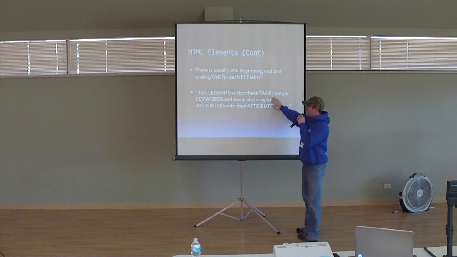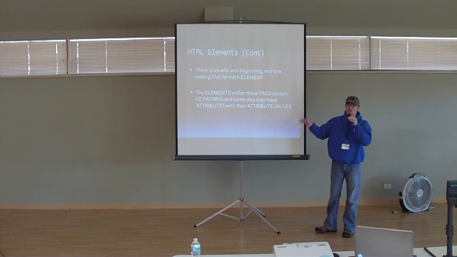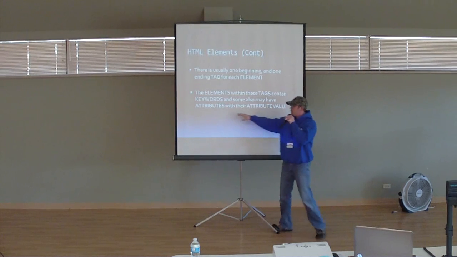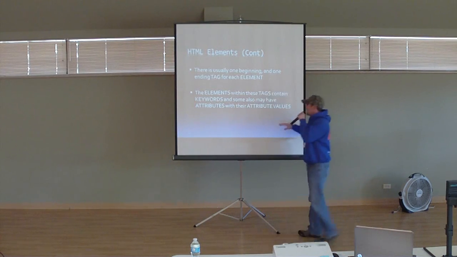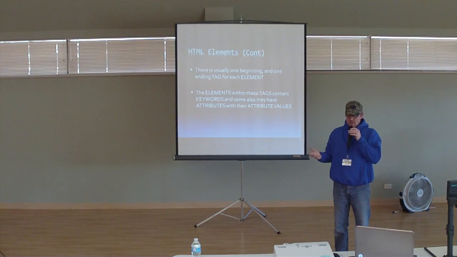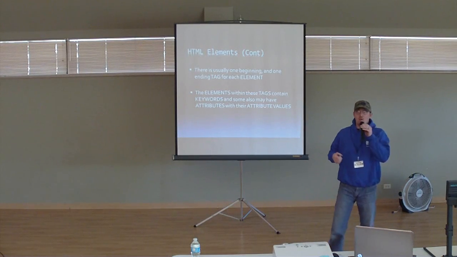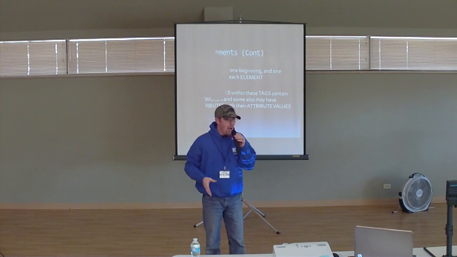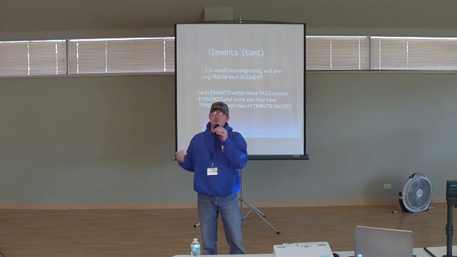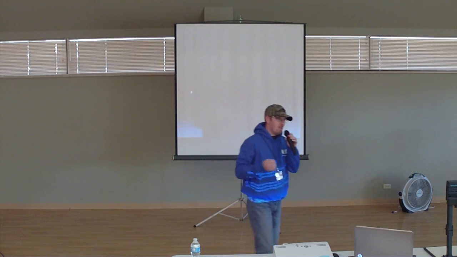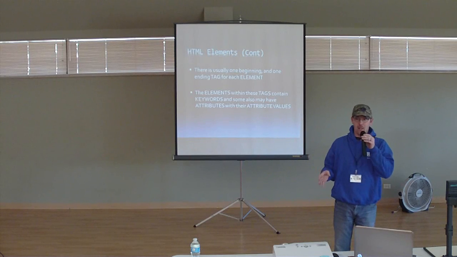On the bottom here, the elements within these tags contain keywords. We'll get into that in just a little bit, but they may also contain what are called attributes and attribute values. A key example would be a tag where you're looking to change the font of something. An attribute would be the actual font that you want to use, or the size of the font you want it to display in.